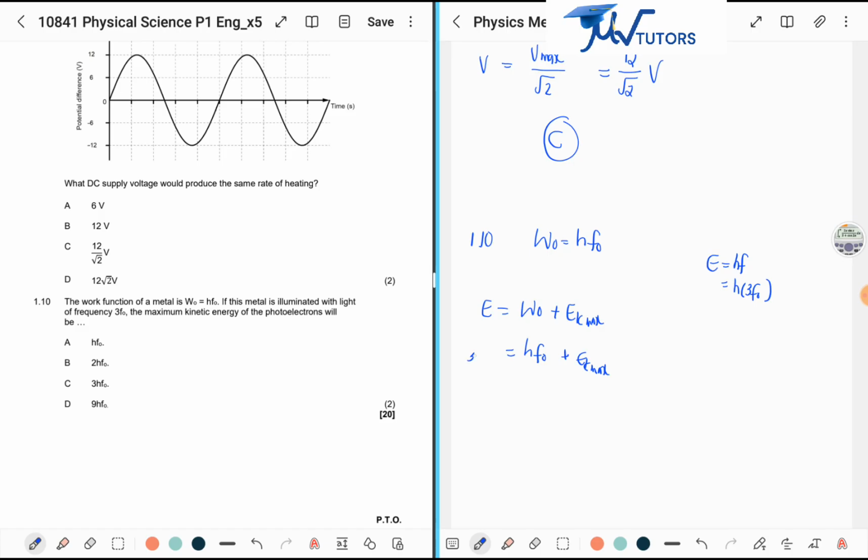So basically we have 3hf0. All right, so then if I solve for our maximum kinetic energy, it'll be 3 minus 1, which is simply 2hf0. And if we look for that answer, it would be option B. We had a lot of B's today. And that's it for question 1.